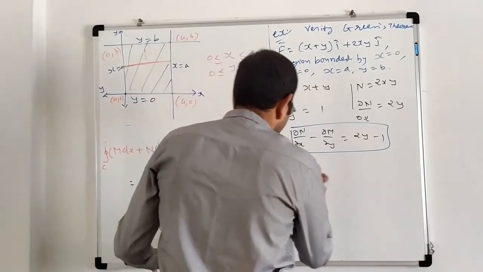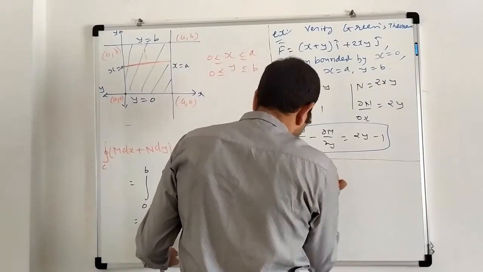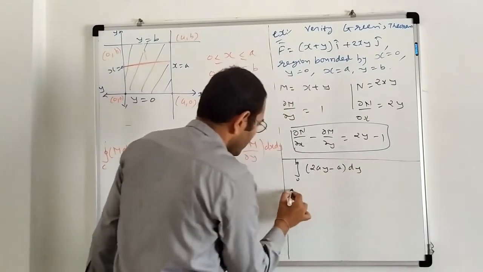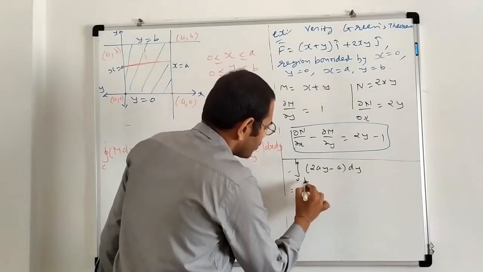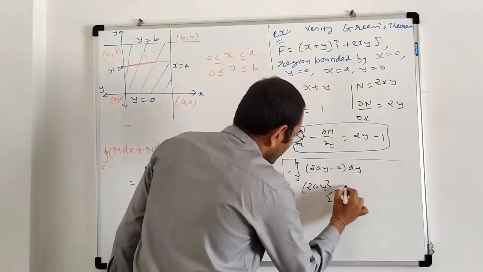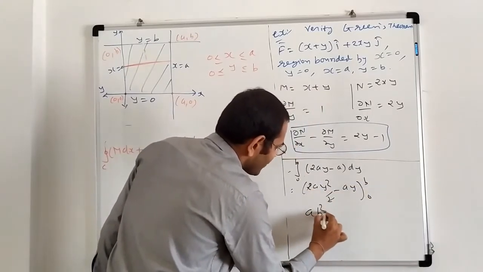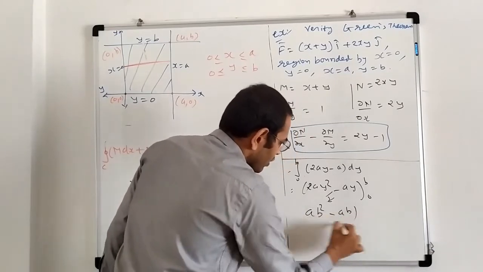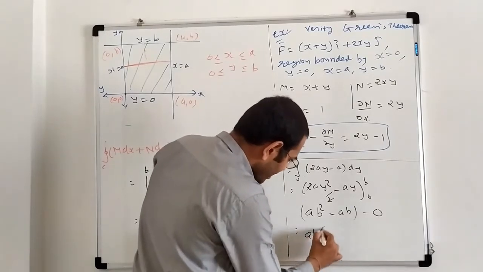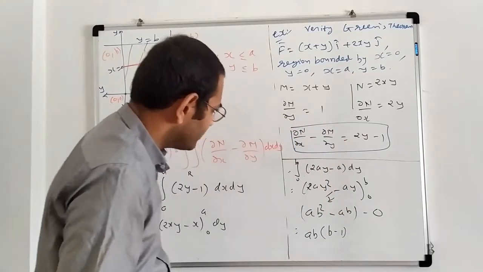Then we get integral 0 to b of 2ay minus a, lower limit 0. Now integrate again: 2a y square by 2 minus ay, 0 to b, upper limit minus lower limit. Then ab square minus ab, and the lower limit 0 gives minus 0. Now ab is common, then we get b minus 1.